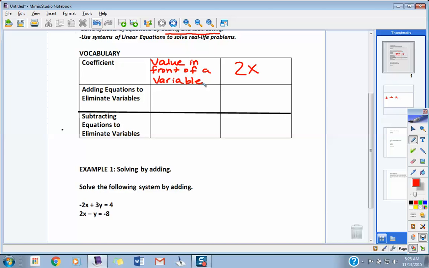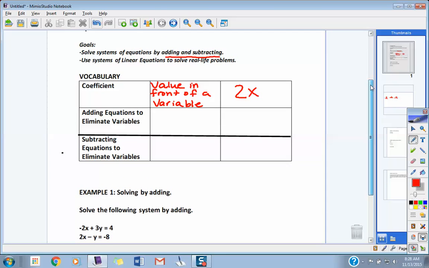I think I'm going to add one more goal to this today. Your job is going to be to get one variable in both equations to have the same coefficient. In other words, if there's a 2x up top, you're going to want maybe a 2x in the bottom. All right? So I'm going to add this up here. I'll leave this up here so you can see.